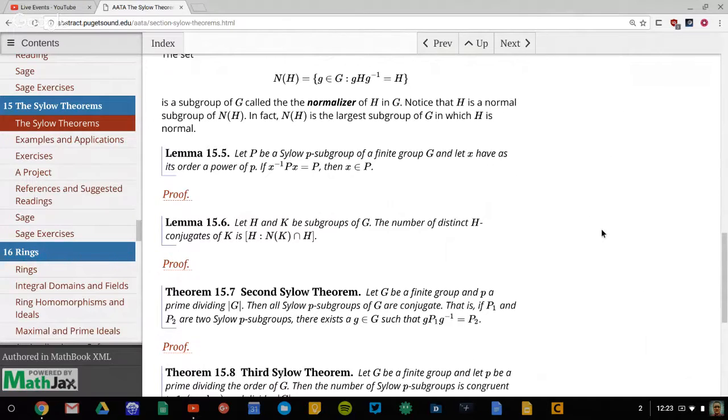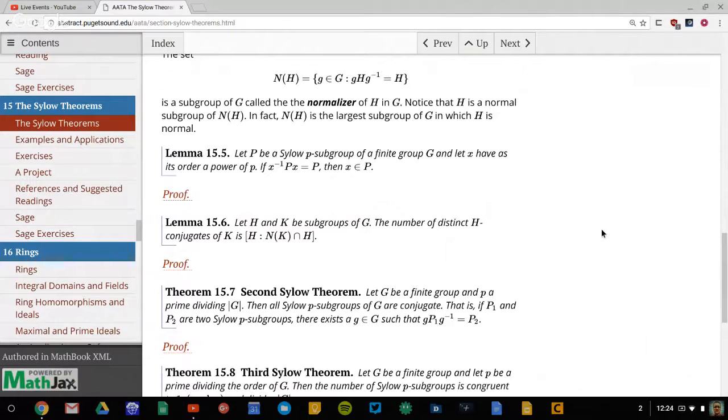Okay. So the first one, and they don't really stand out as being interesting in and of themselves necessarily. Lemma 15.5 says if you've got a Sylow P subgroup, capital P, of a group G, and X is another element having its order a power of P, so those are the kind of elements that are in P subgroups.